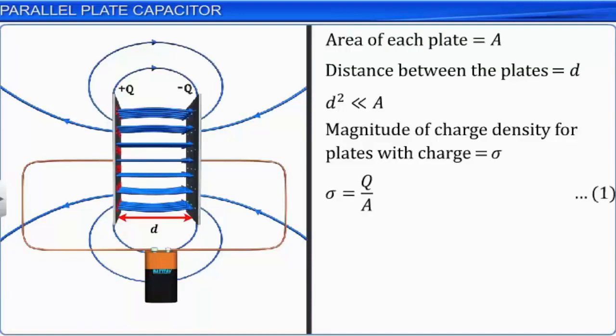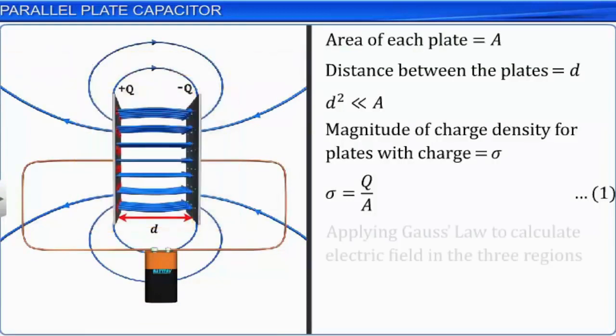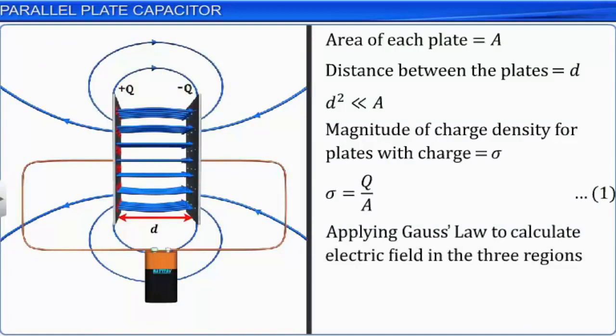Let us assume the region on the left side of the capacitor as region 1, the region between the plates as region 2, and the region to the right side of the capacitor as region 3. Let us now calculate the electric field in regions 1, 2 and 3 with respect to the capacitor. We do this by applying Gauss law.